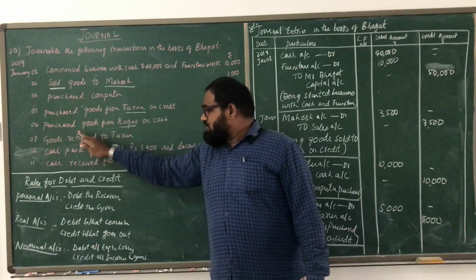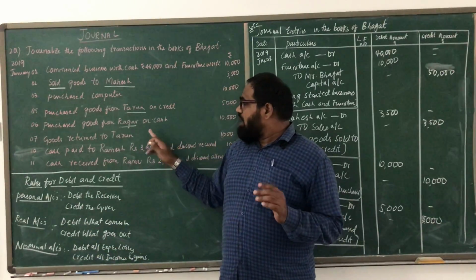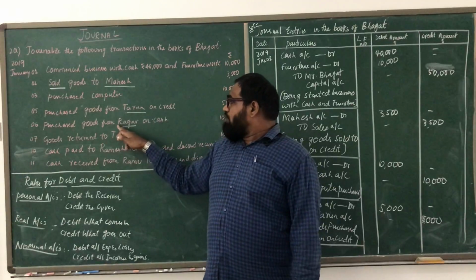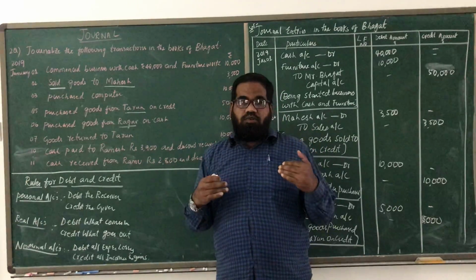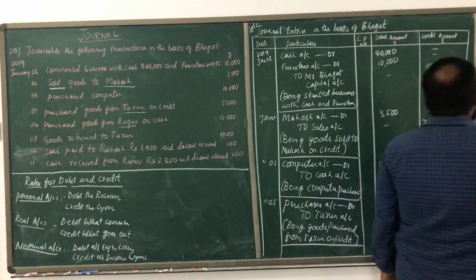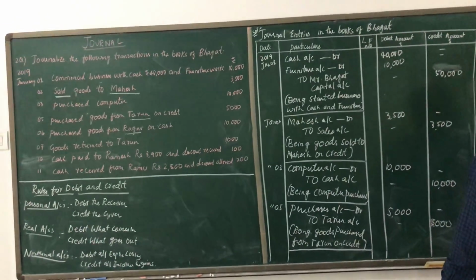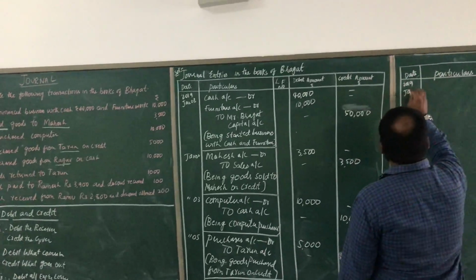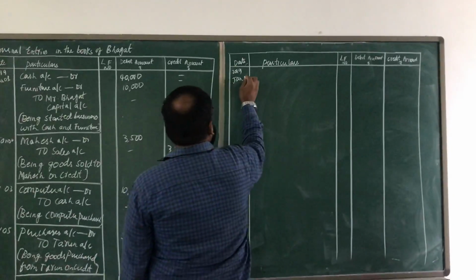Purchases means it is our expenditure as per the rule of nominal account. We have to write purchases in the debit. And from Raghav, no need to write the name of the party. At the same time, if we are purchasing goods, cash is going out. So we have to write the next entry here. 2019, January 6.